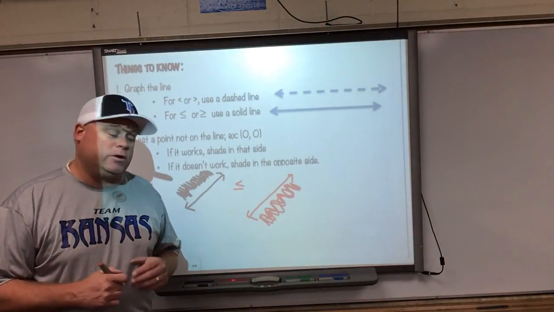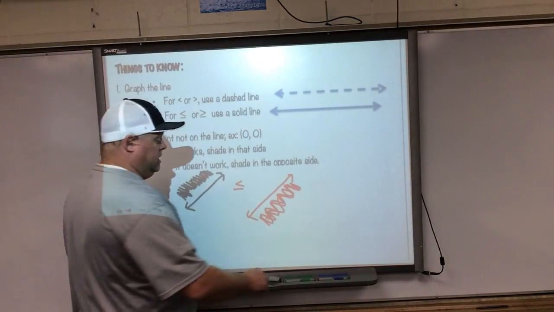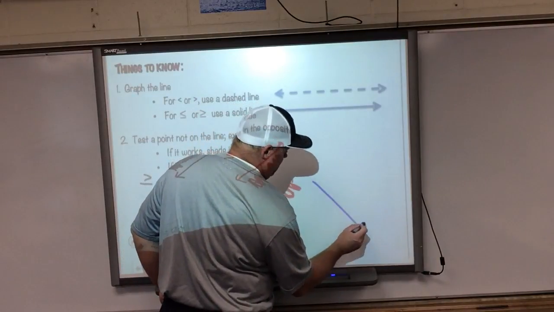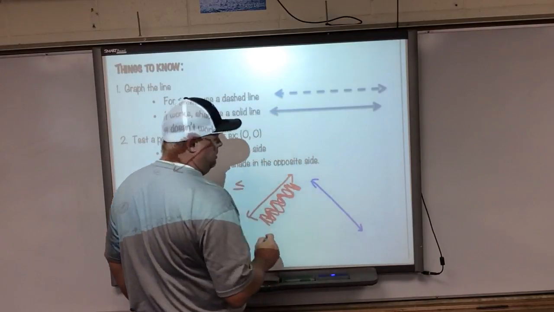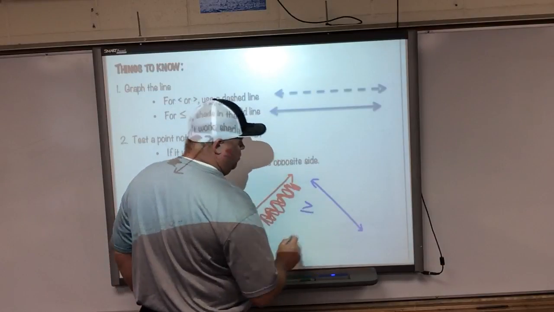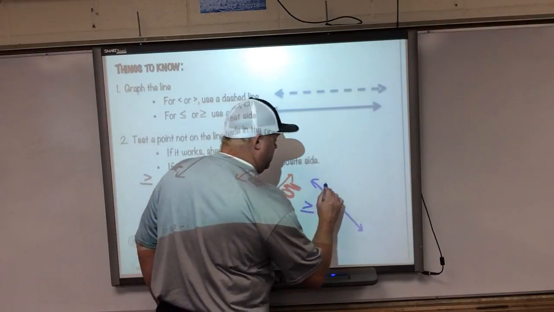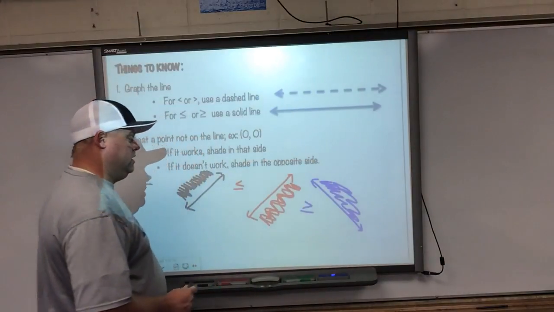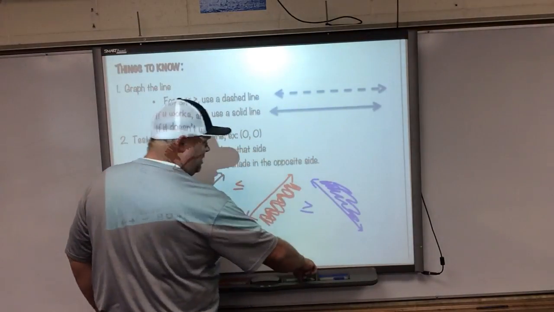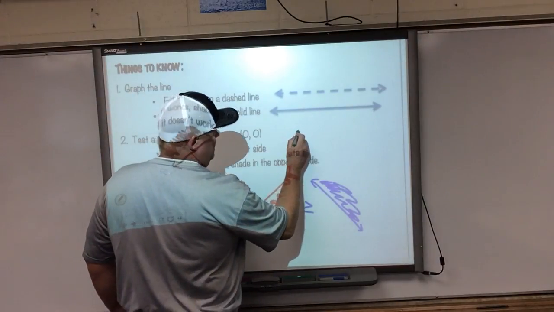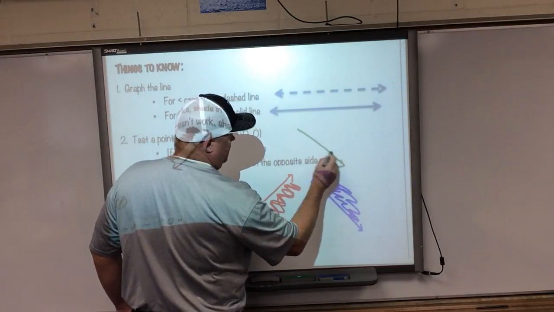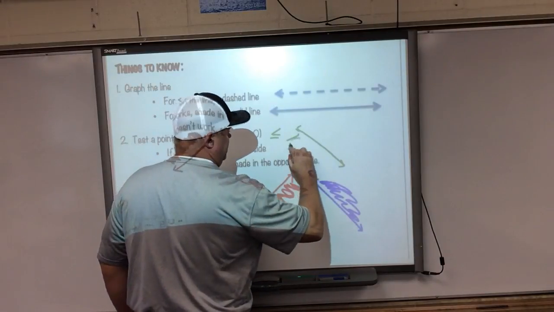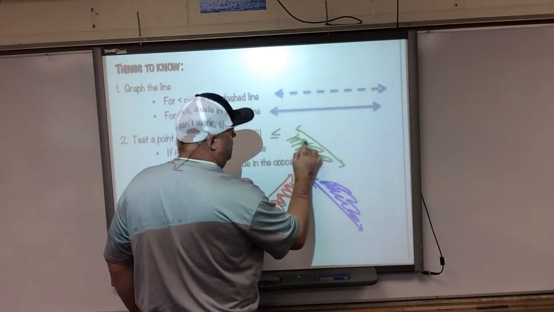And conversely, if I have a negative slope line, so I'm going down, and I am greater than or equal to, I'm going to be above the line, so I'm going to be shading above the line. And if I had a negative slope line and I was a less than or equal to, less than is going to be below the line.